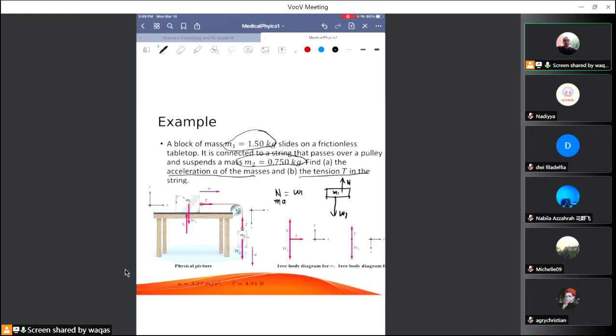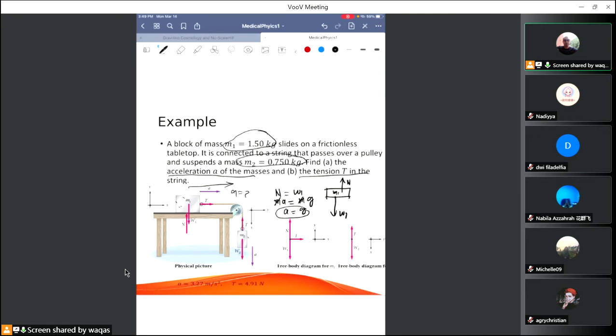You know that N equals MA, and W1 is Mg, so the m cancels. For this block, the only downward force is gravity, but we need to find the horizontal acceleration.